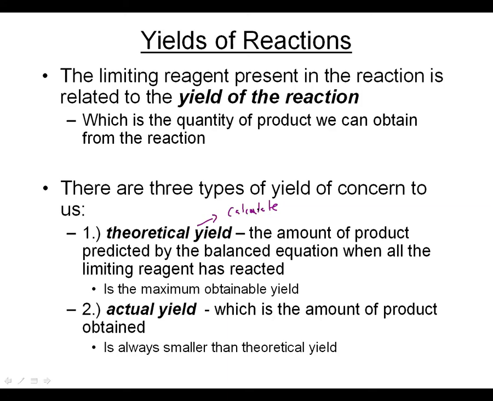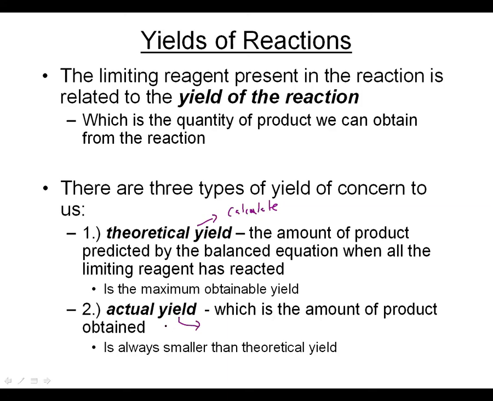That's like everything went 100% perfect. Nothing fell, nothing dropped, no side reactions. Based on the equation, how much you start with, that is how much you should produce. Life isn't like that. So we have another yield, which is known as the actual yield. And the actual yield is, much like it sounds, actually how much you actually made when you did the reaction.